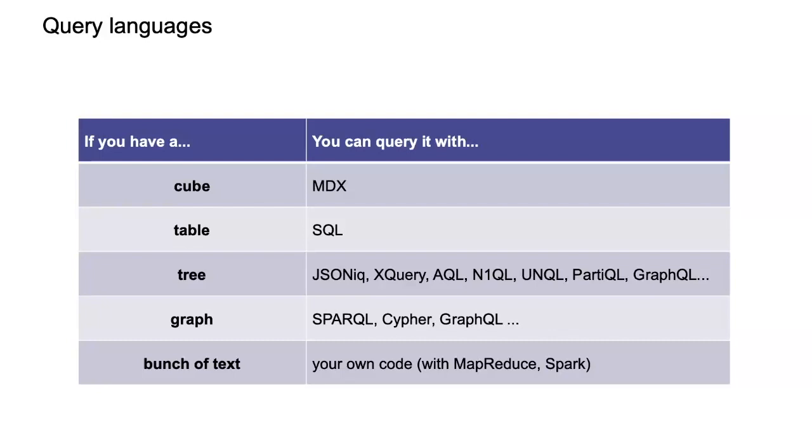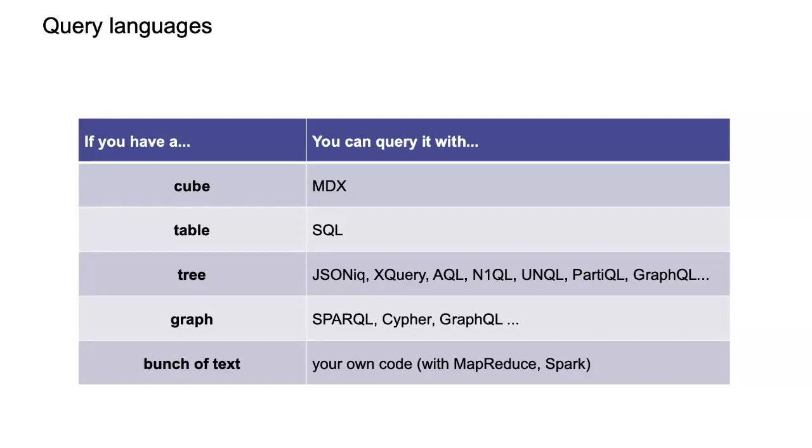We rediscovered it with Spark SQL, and you'll have it at the exam, right? So you really need to make sure that you know SQL. It's undisputed for tables. For trees, it's something else. There are plenty of them. They more or less share the same features. Not all of them have all features, but if you learn JSONiq, which we did in this lecture, then you can learn any one of the others, and that should be very easy, right?